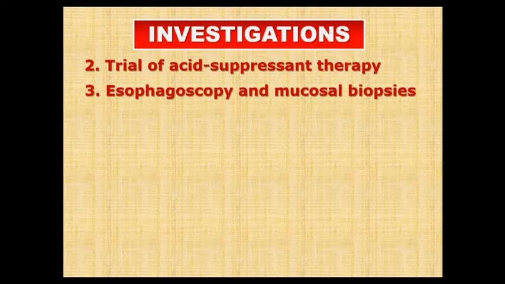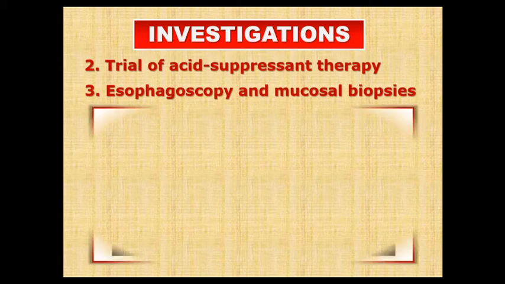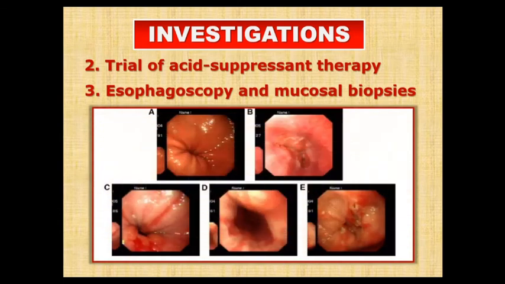And it is also important to evaluate for non-reflux diagnoses that present with reflux symptoms, including eosinophilic esophagitis. Now this picture shows the normal esophagoscopy as slide A and pathologic findings from B to E, whether mucosal damage or stricture or erosion.